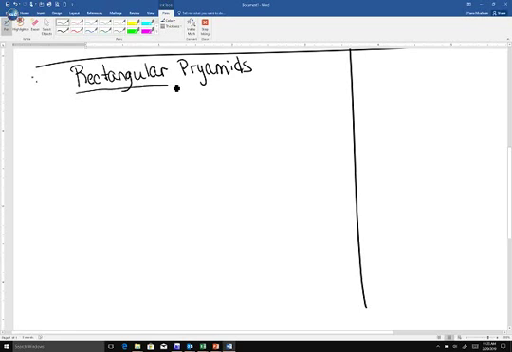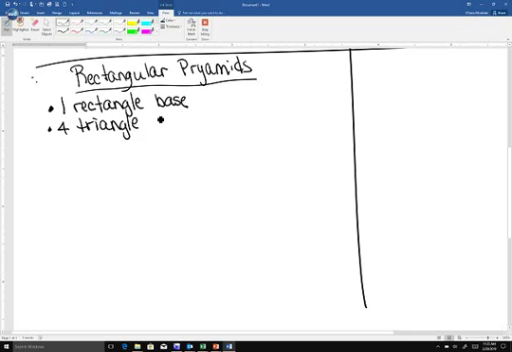Rectangular pyramids have one rectangle base and 4 triangle faces. It looks something similar to this.